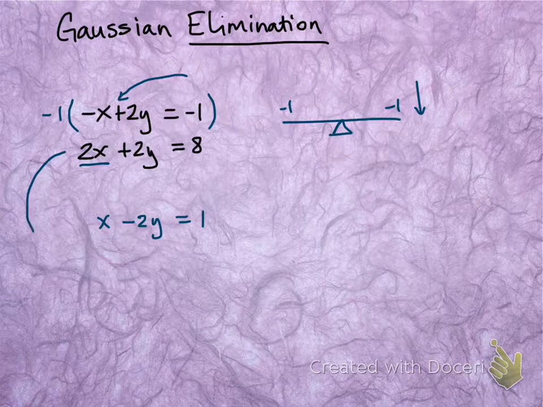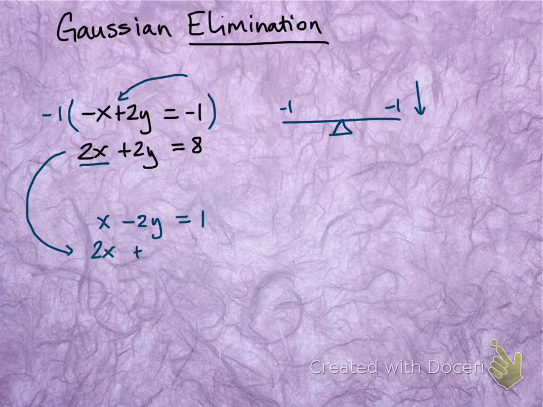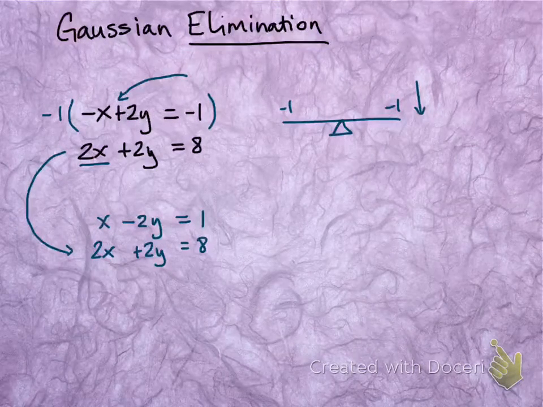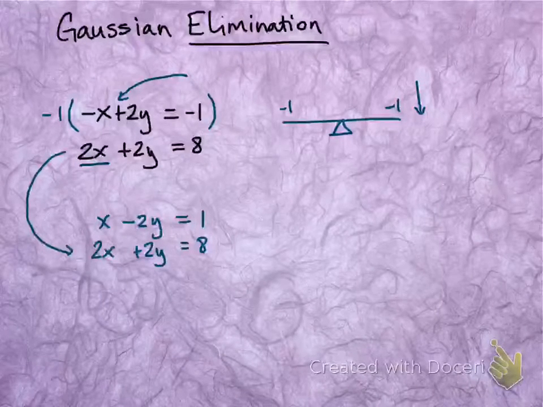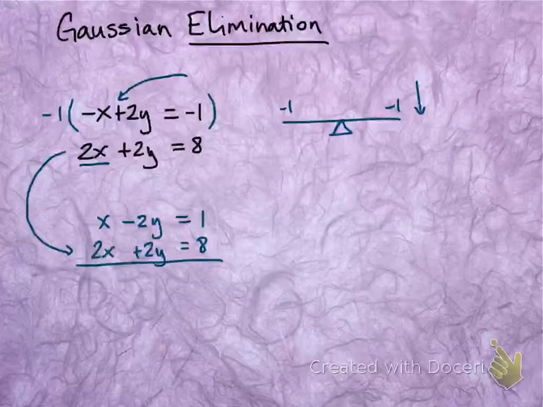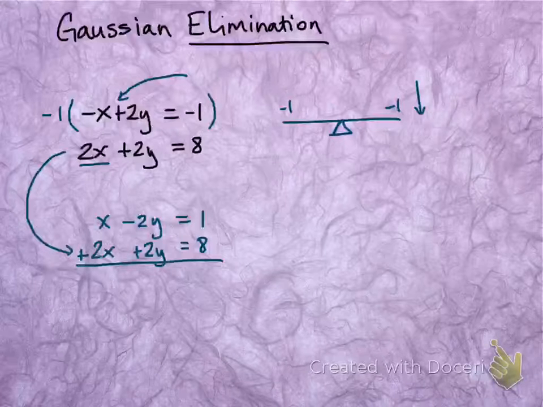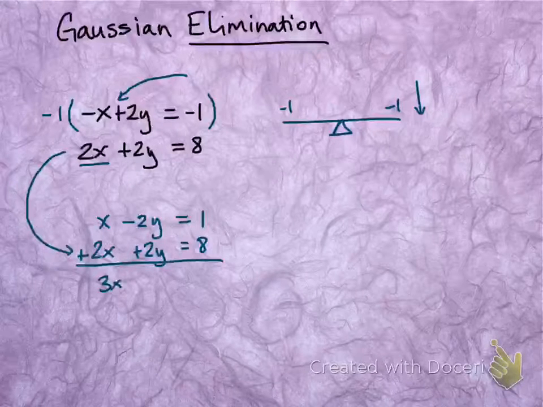We're going to take this one and rewrite it. So this is 2x plus 2y equals 8. Now you notice that the top one has a negative 2y, and this is a positive 2y. If we add these two equations together, just add the whole thing, we're going to add up everything. So x plus 2x gives us 3x.